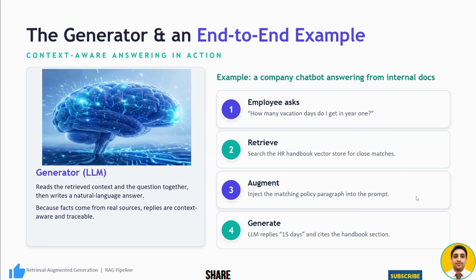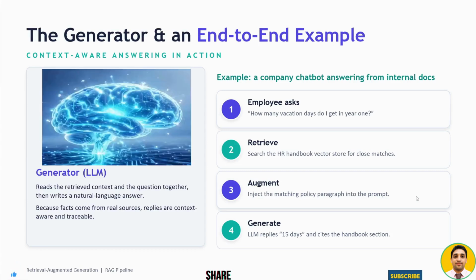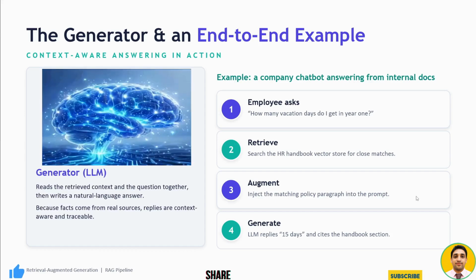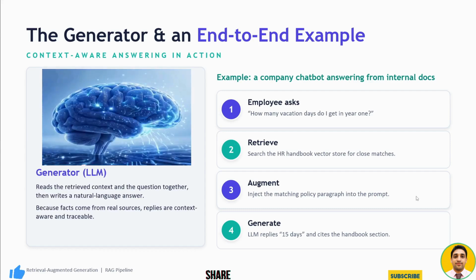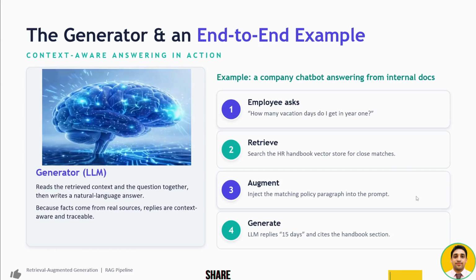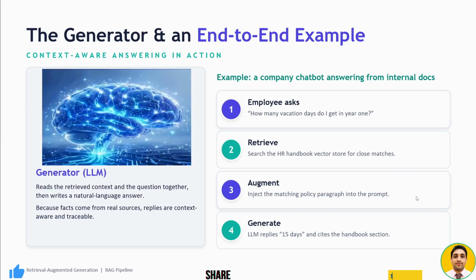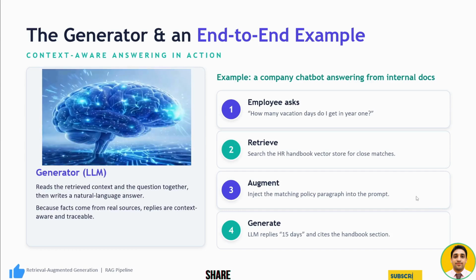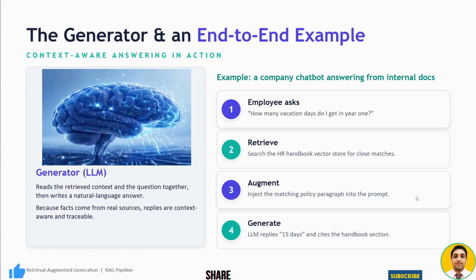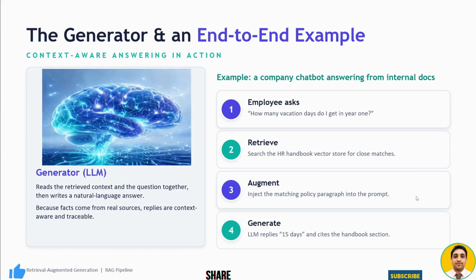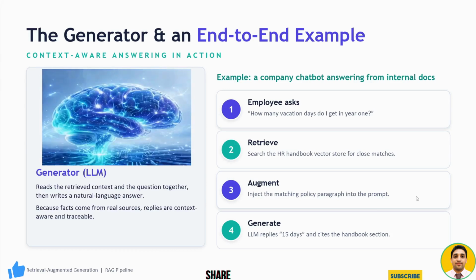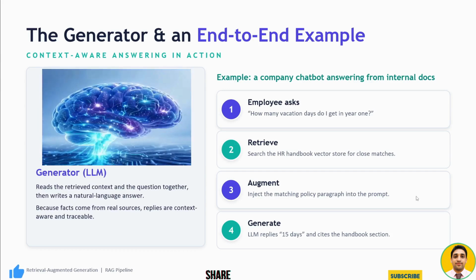The generator, which is the large language model at the heart of the system, reads both the retrieved context and the original question together, and then it writes a natural language answer based on that combined information. Because the underlying facts are coming from real retrieved sources rather than pure memory, the replies produced are both context aware and traceable back to their origin.